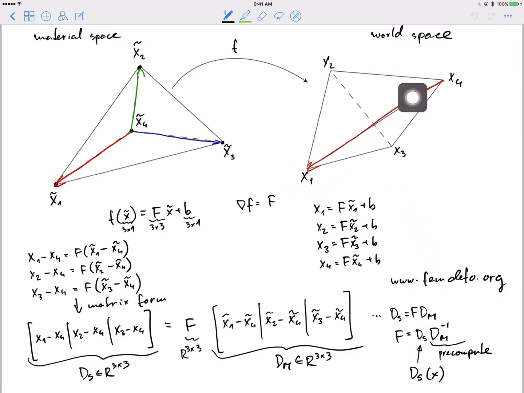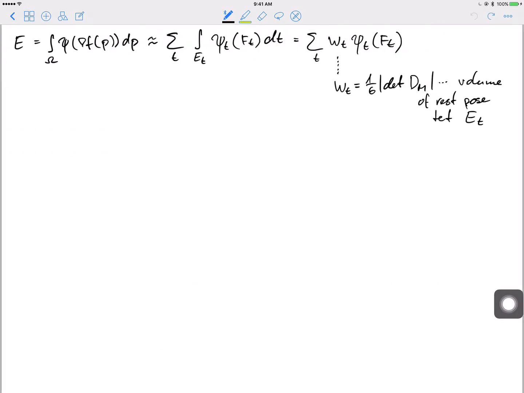You know exactly what coordinates the tetrahedron has because that's your current state of the simulation. You also know the coordinates it has in the rest pose because that's where it started. So you can compute this F for every tetrahedron. I told you we assume that you have the code for the energy density function. Typically, this would be the same for all the elements. Typically, you would assume homogeneous material, that the material is exactly the same everywhere.